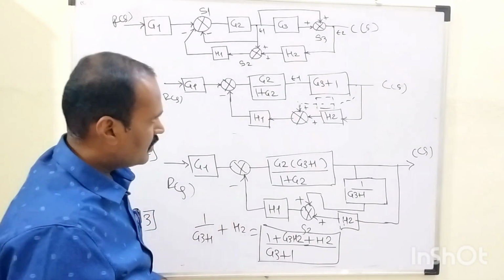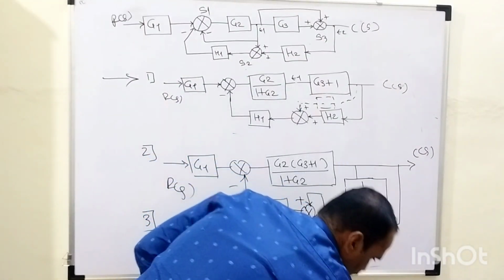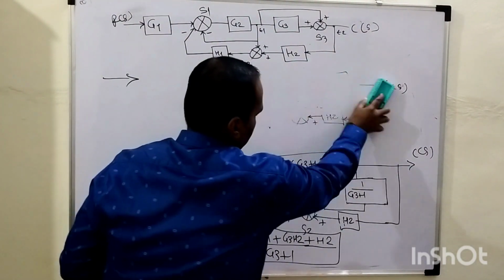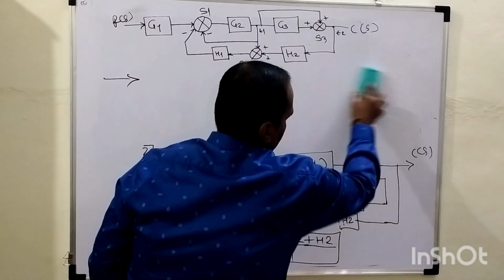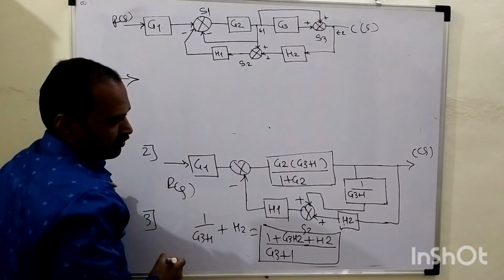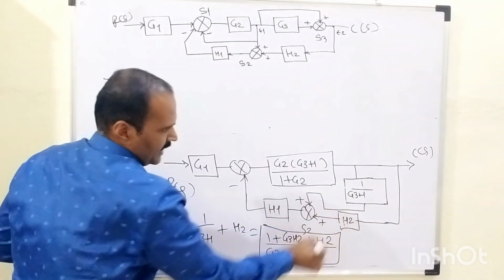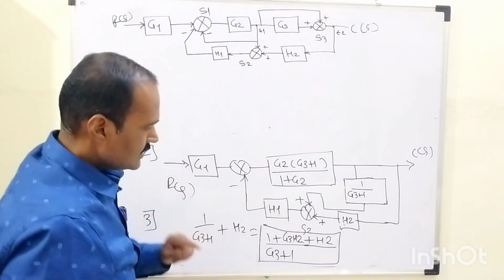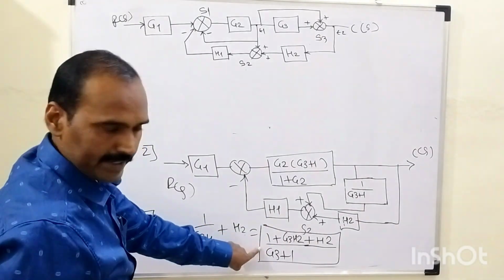From this step number 2, how is that step number 3 defined? For that purpose, I will remove this step number 1. We are having this step number 2 on this board, right? So in this step, what we need to do is add these two blocks. As a result of addition, their overall gain will become what? This entire statement which is written within this rectangular box.